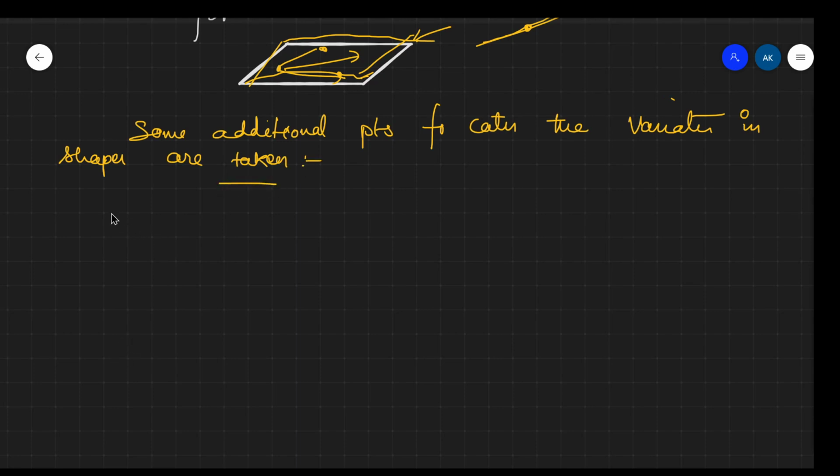Now another question is, how many points? A common answer will be infinite points. To know the orientation of a curved surface, it's always better to take infinite points; you will get a perfect shape. But that is not practical, because after a certain number of points, the accuracy gets saturated. Suppose you are very hungry, and I ask how much you can eat?